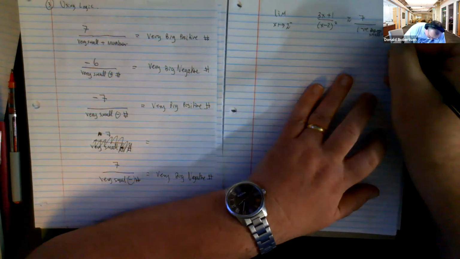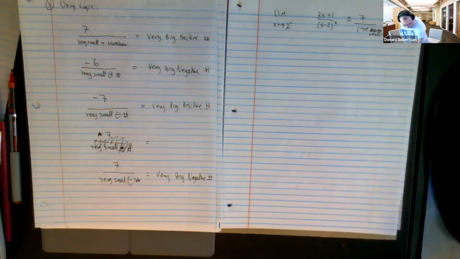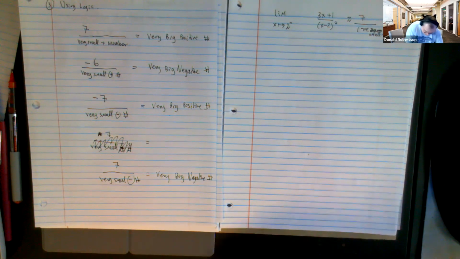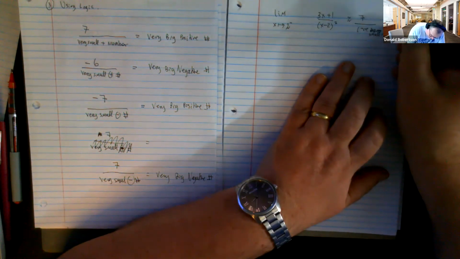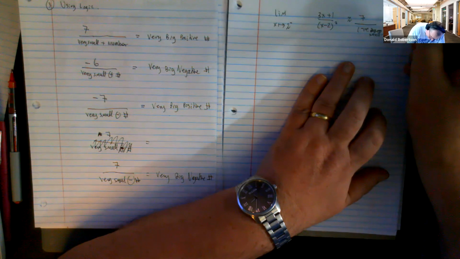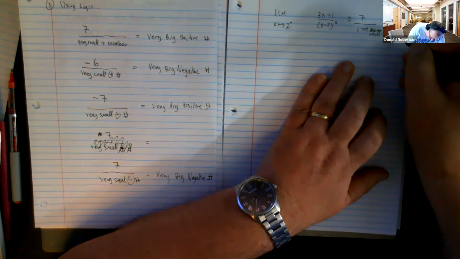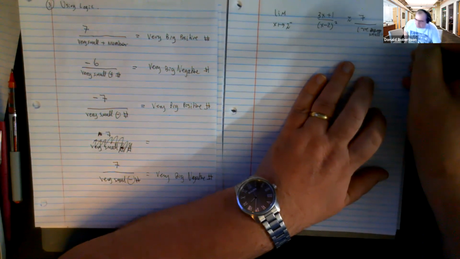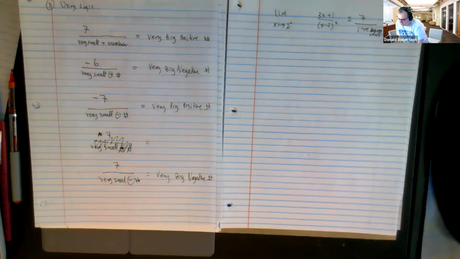Oh, but then you square it. What happens if you take a very small negative number and you square it? Don't you get an even smaller positive number? Would you agree a very tiny negative number times another very tiny negative number gives you an even tinier positive number?